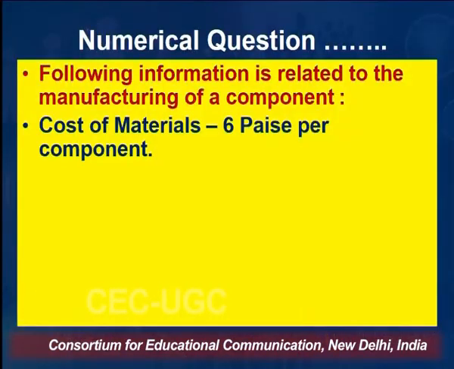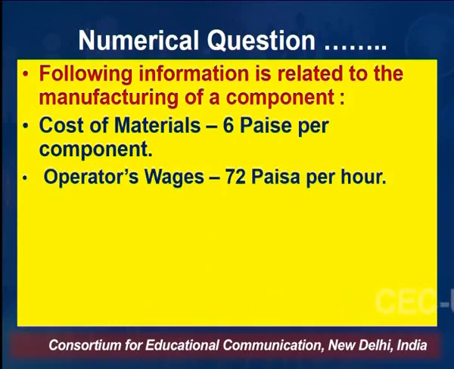The information is related to the manufacturing of a component. The question reports that the cost of material is 6 paisa per component. Operator's wages is 72 paisa per hour, so if an operator works for 1 hour, you are paying wages of 72 paisa.